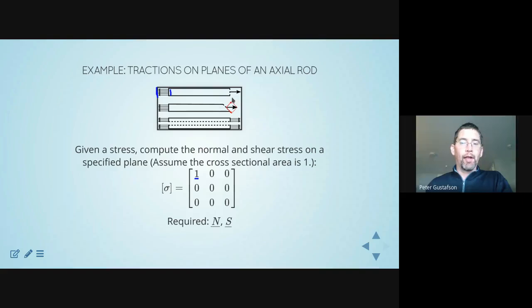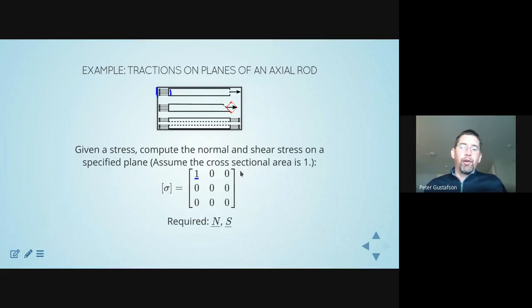We'll just do it quickly in our heads. The easiest one is the top one. So the normal vector for the top one is L, M, and N, the direction cosines. The normal to the surface is entirely in the x direction.